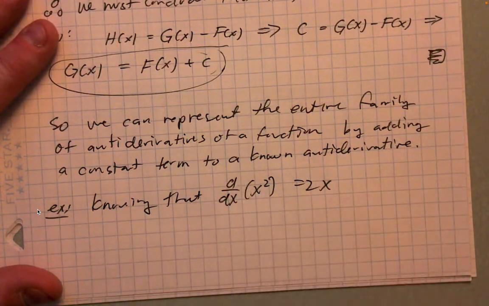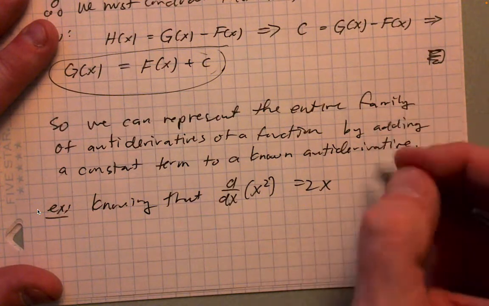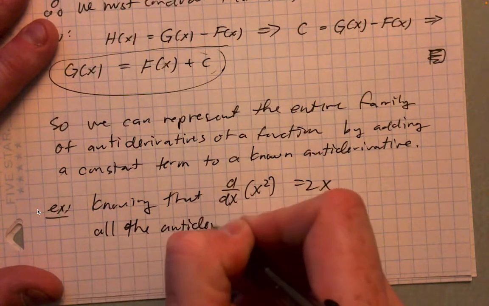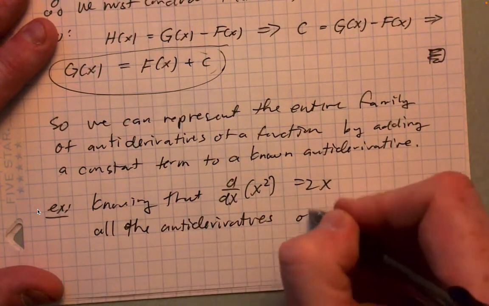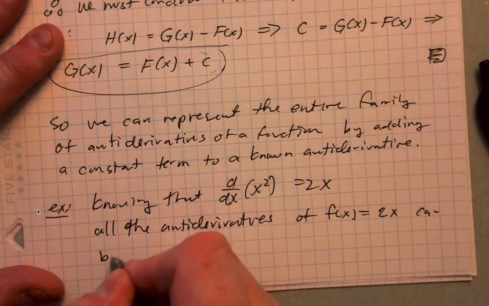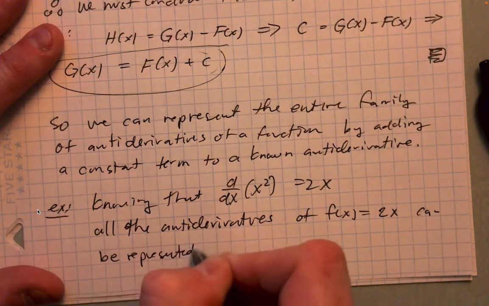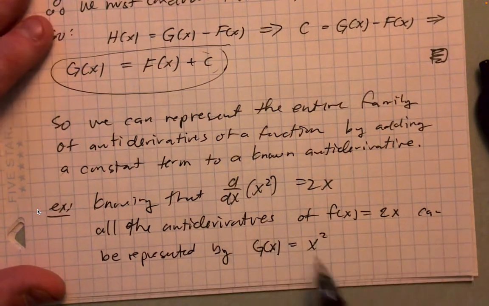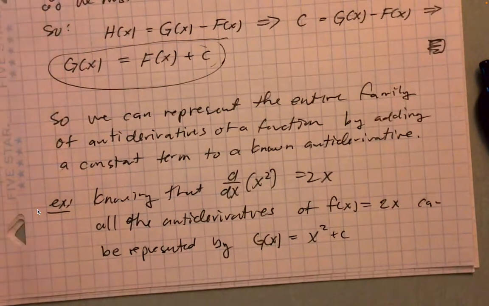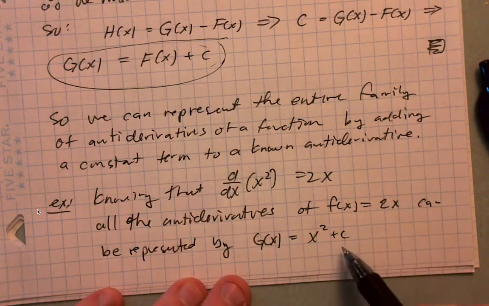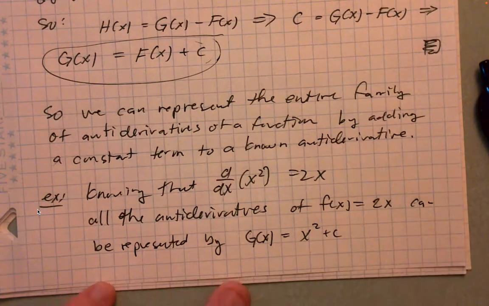So knowing that d dx of x squared equals 2x, all the antiderivatives of f of x equals 2x can be represented by g of x equals x squared plus some constant. That's what the last theorem showed us. They all have the same form, right? There's infinitely many of them, but the only thing that distinguishes them from one another is the addition of some constant.